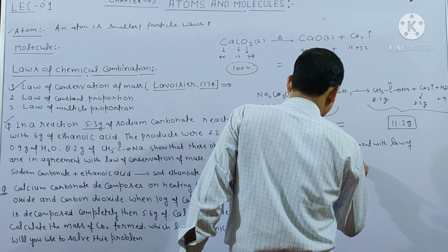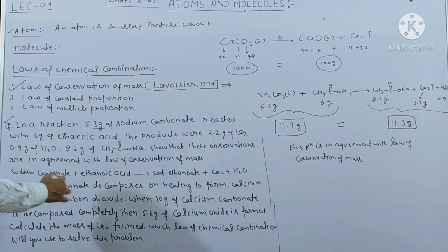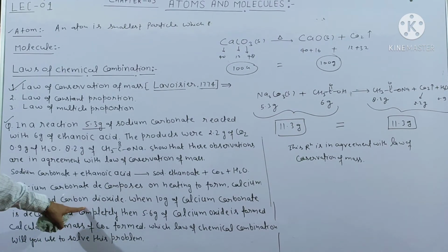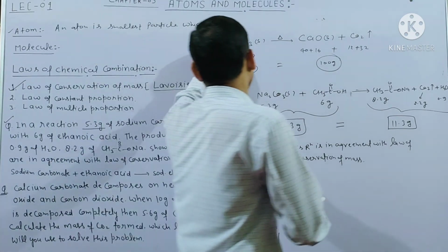Conservation of mass. Now, this is the question number 2, very easy question. Calcium carbonate decomposes on heating to form calcium oxide and carbon dioxide. So let's take this example already written here.